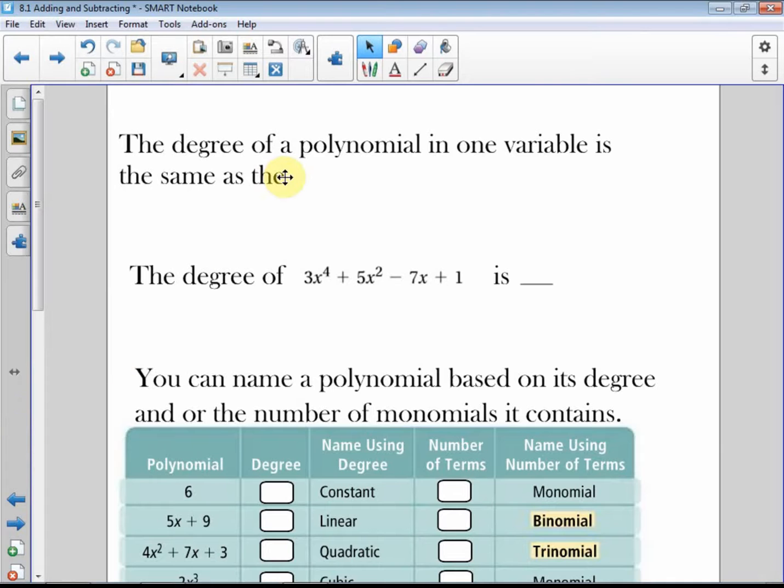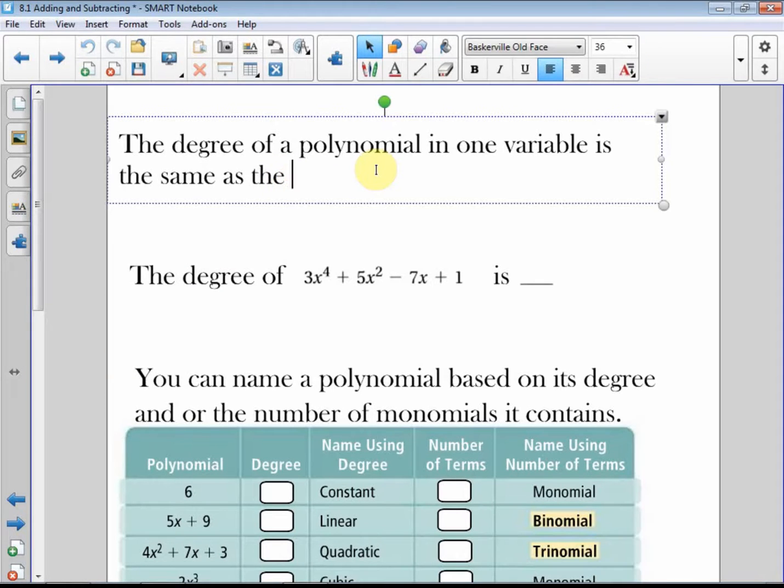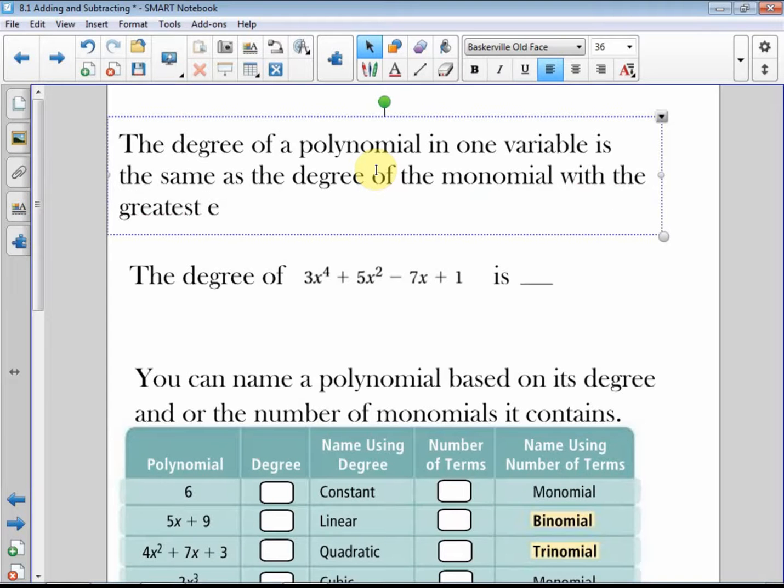Next, the degree of a polynomial in one variable is the same as the degree of the monomial with the greatest exponent. So, for monomials, we know that the degree is the actual value of the exponent.